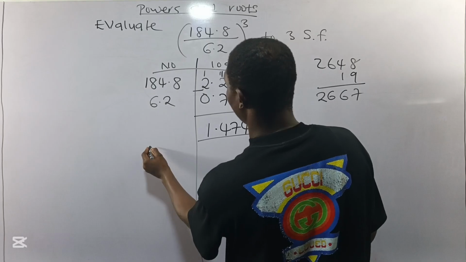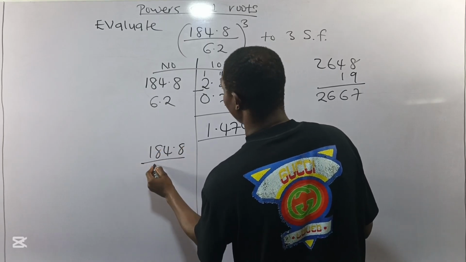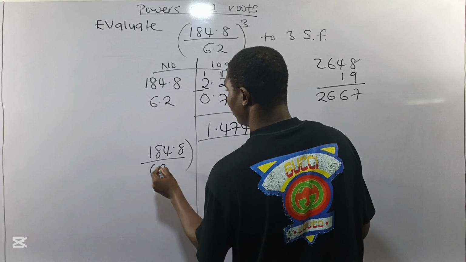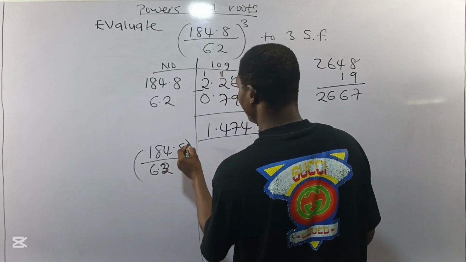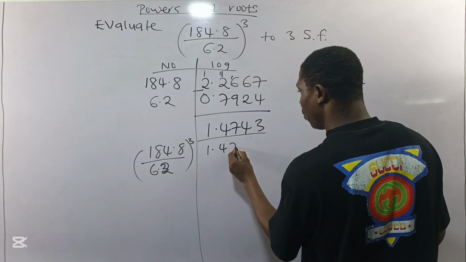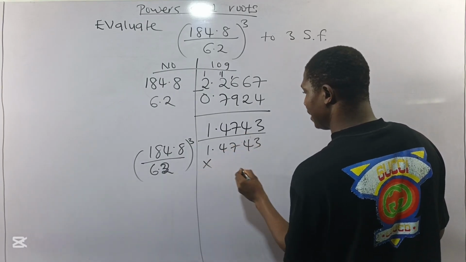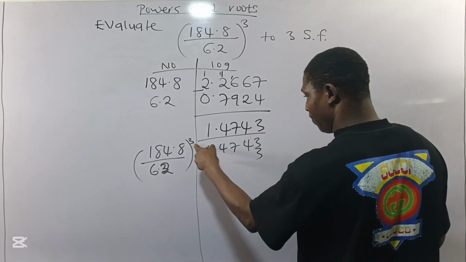So I will have 184.8 divided by 6.2, raised to power 3, to give me this value, 1.4743 times what? 3, the power.